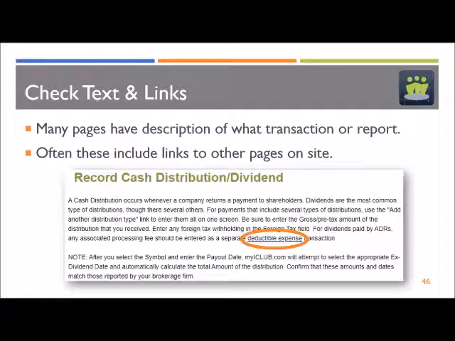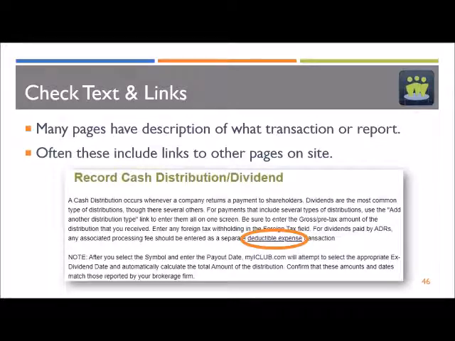All right, thanks. So the first place is on the page itself. For a lot of the pages, as we're seeing an example here, when you're going to put in a dividend, we give a description of what's going on with that page, why you'd be here, what the transaction is for.